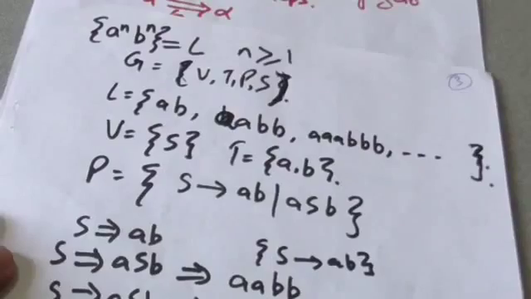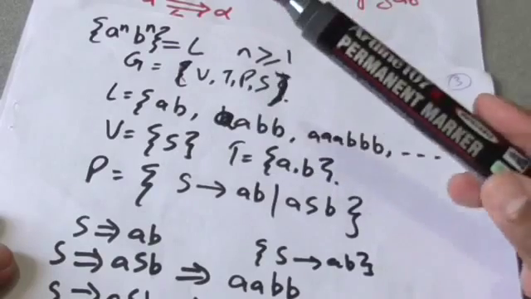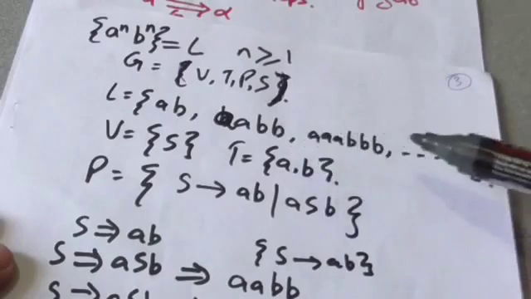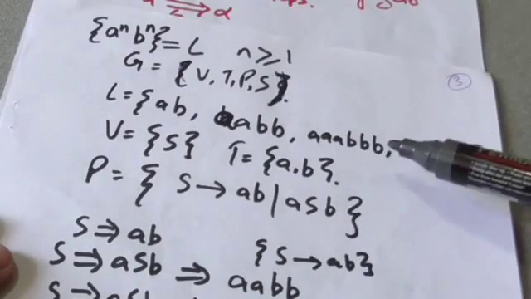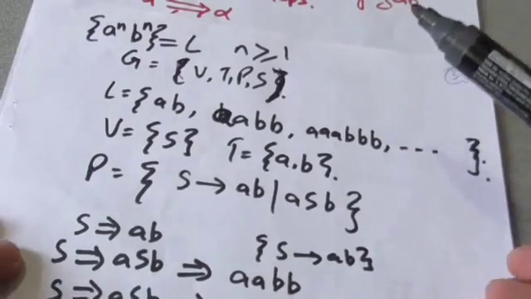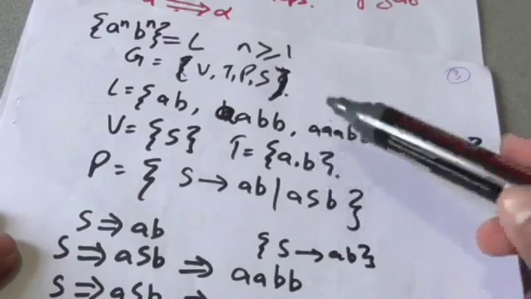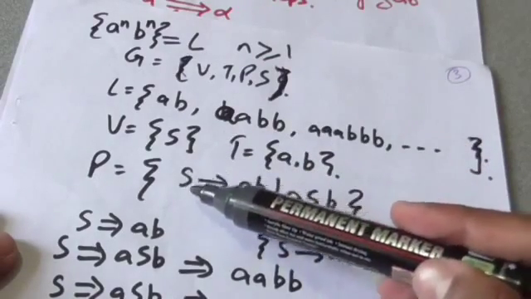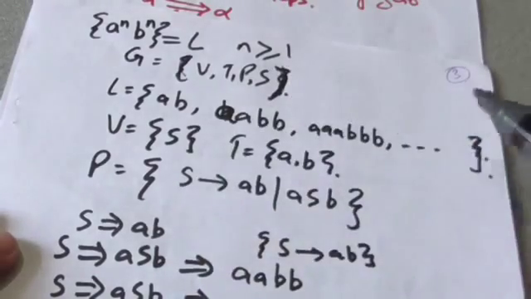Now, so G is the grammar of language L. So those strings which are present in language L should be derived from start symbol S by using different production rules.